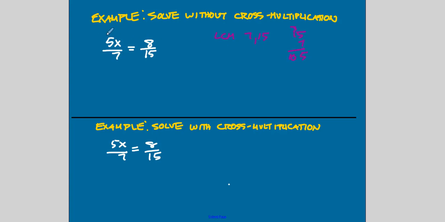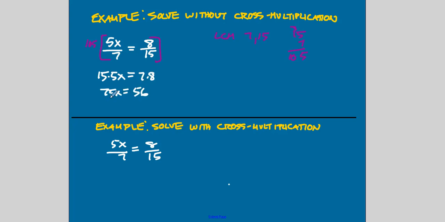So I'm going to multiply both sides of the equation by 105. 105 divided by 7 is 15, so I have 15 times 5x equals, and on the right side, 105 divided by 15 is 7, so I have 7 times 8. 15 times 5 is 75, times x is 75x. 7 times 8 is 56.